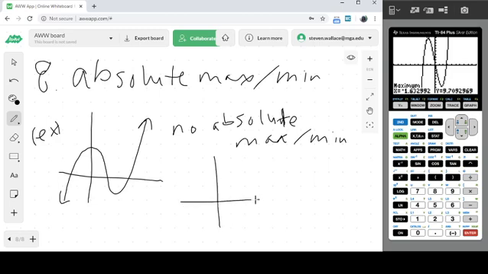Okay? On the other hand, this does have an absolute max, but no absolute min. Okay, so the y value of this point right there is going to be our absolute max. Absolute max here, but no absolute min.